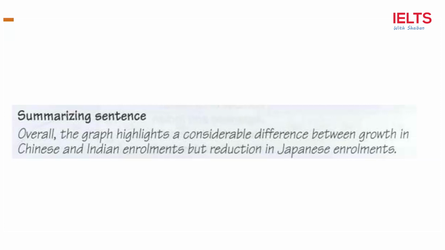So, considerable difference. As you can see here, it is just general information: no double, no 2 times, no 3 times. Just a considerable growth of both China and India, and a reduction in Japanese. And in this way, they are different.